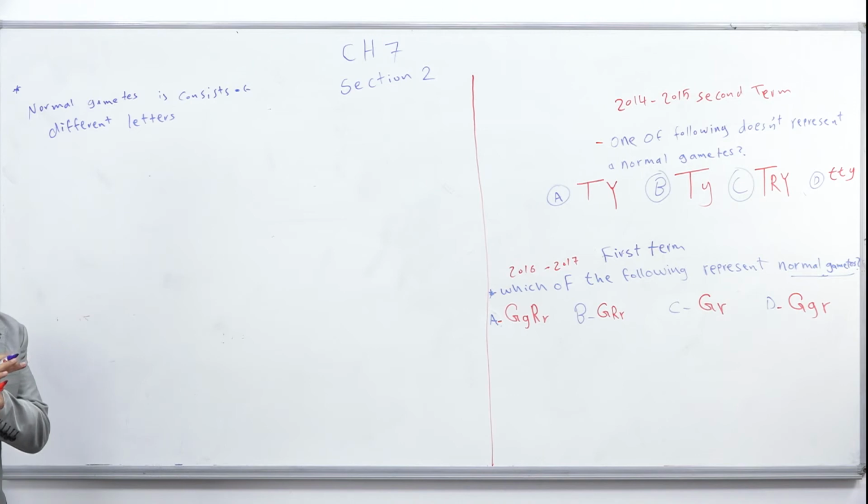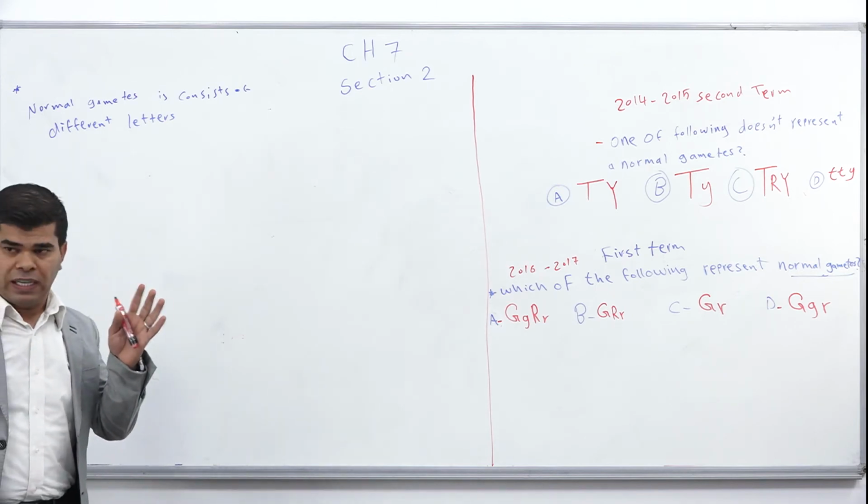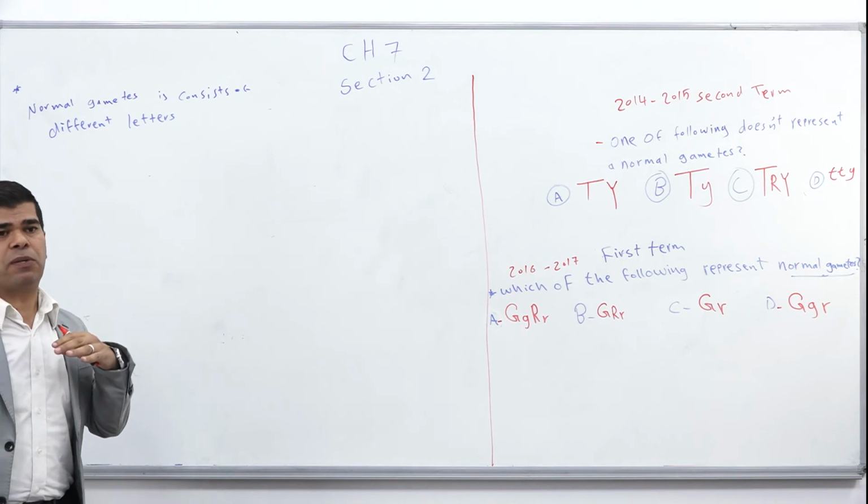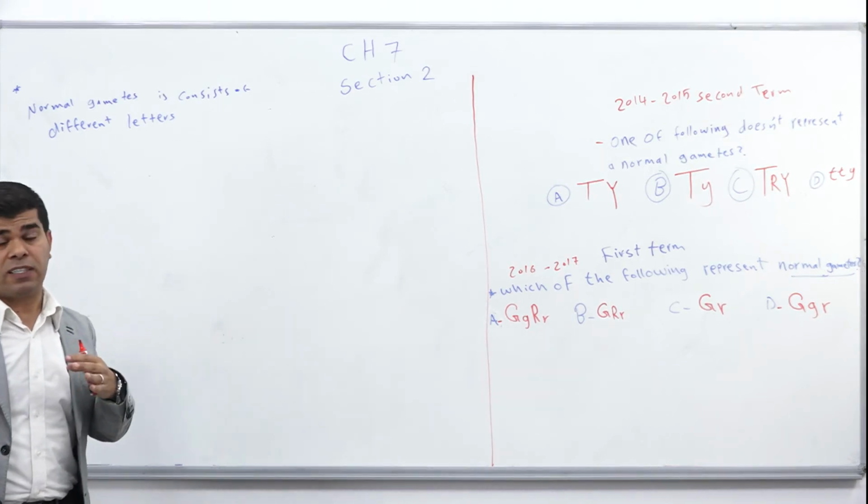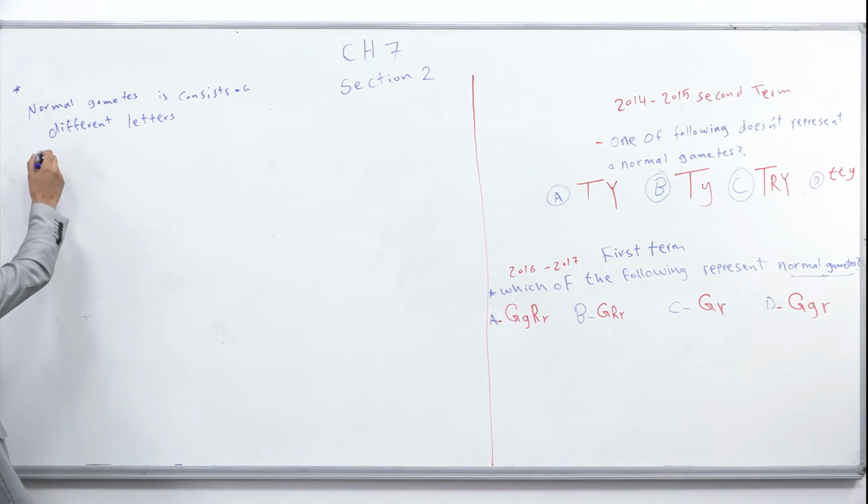It doesn't matter whether the letter is capital or small, just a different type. So for example, if 2 letters are the same, one capital and one lowercase, it's not a normal gamete. So, different letters.